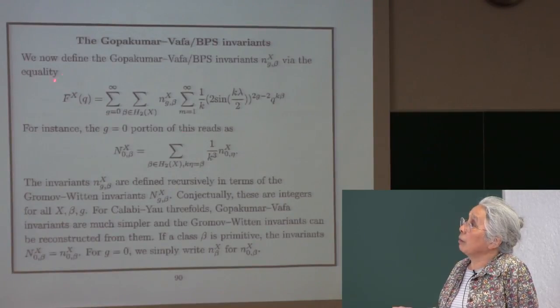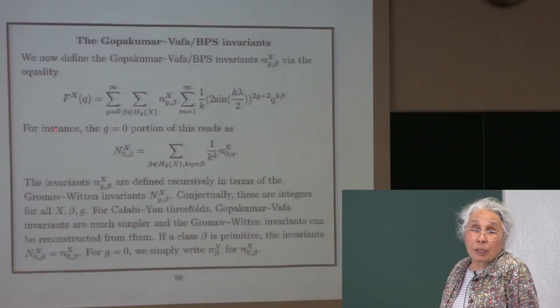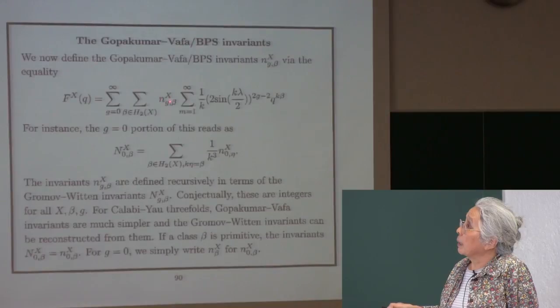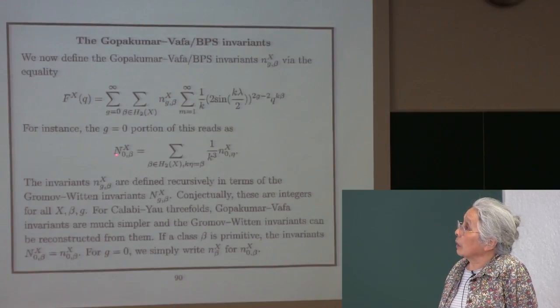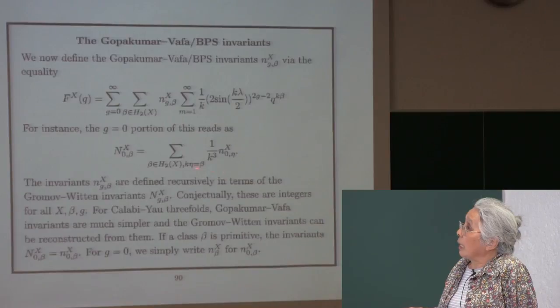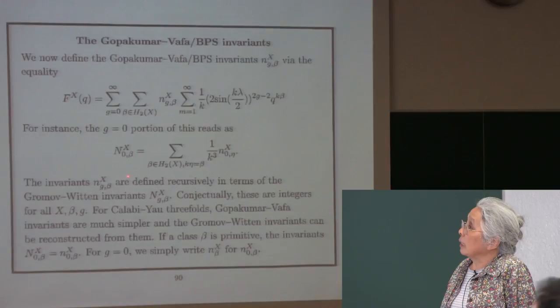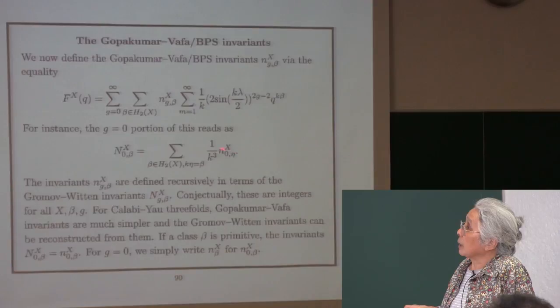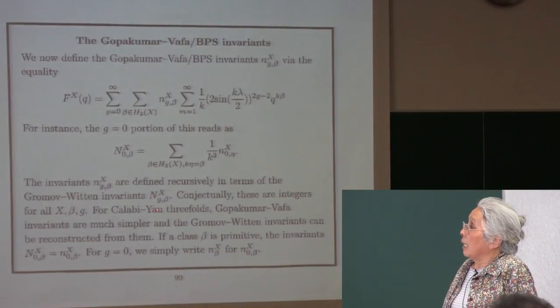So F of g q is defined involving the Yukawa coupling we defined before. If g equals 0, then I express it in this way. Physicists say this Gopakumar-Vafa invariant is easier to handle, and these numbers are supposed to be integers. And for a Calabi-Yau 3-fold, Gopakumar-Vafa is much easier than Gromov-Witten.